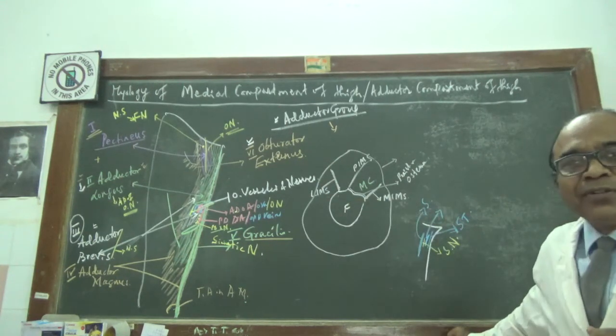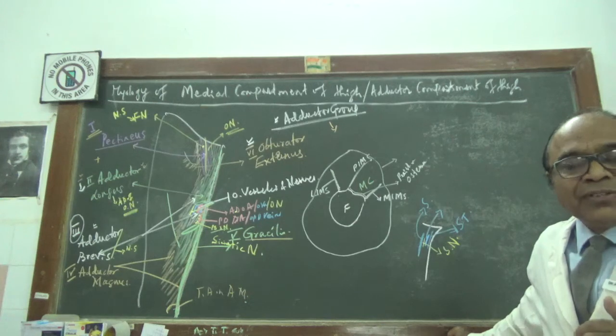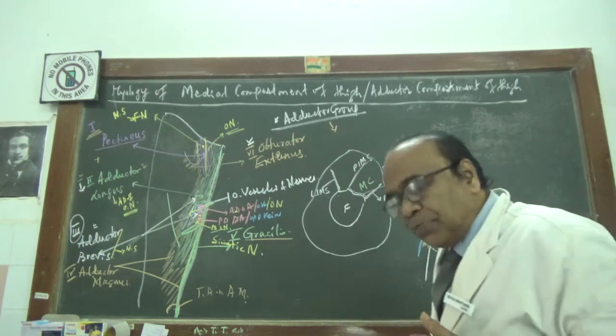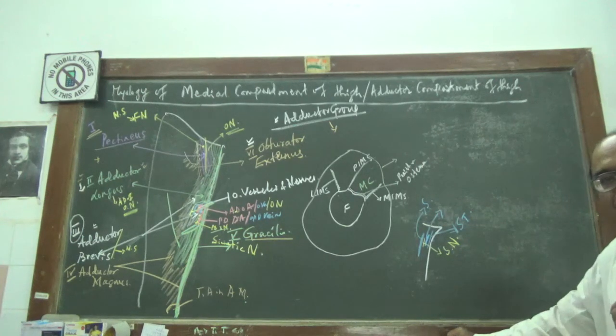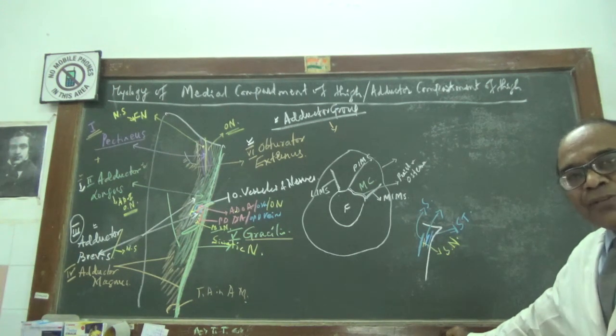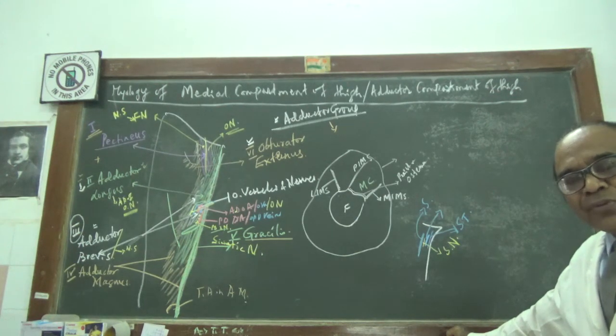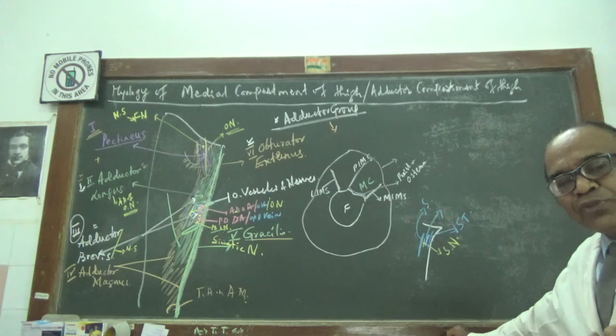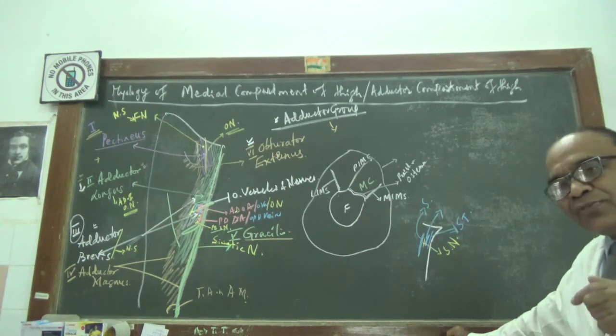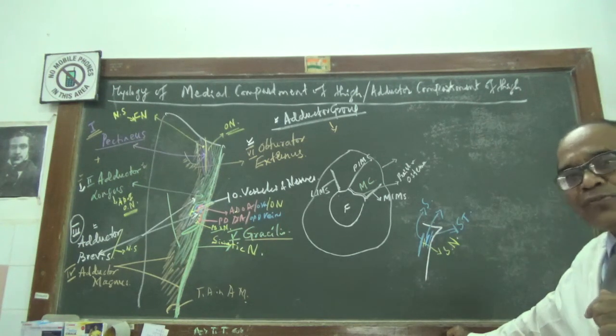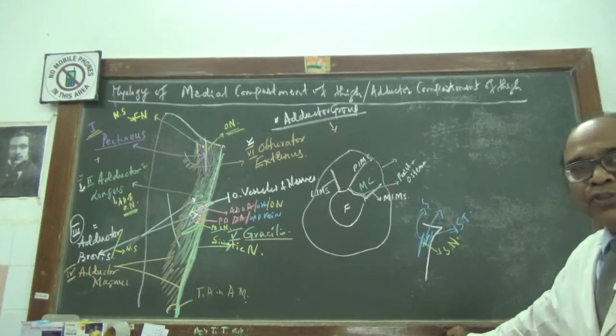This obturator externus muscle takes origin from the external surface of the entire rim of the obturator foramen, that is the external surface of the body of the pubis, very close to the lower rim of the obturator foramen, the external surface of the inferior ramus of the pubis, the external surface of the ischial tuberosity close to the posterior aspect of the obturator foramen, and then the external surface of the ramus of the ischium very close to the lower portion of the obturator foramen and the obturator membrane.